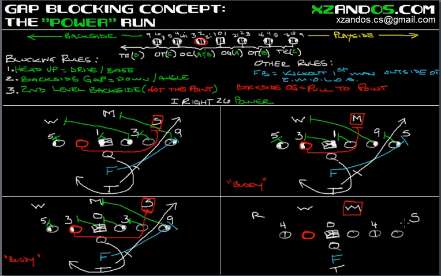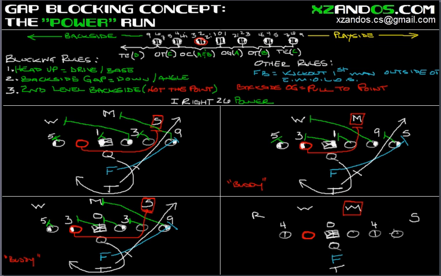Some people would count the Sam as the point because in a traditional 34 defense, Sam is kind of off the line. You know, if you're running power against this, there's no reason why you shouldn't get 5 yards a pop. But you know, you might want to play games in a 34. You can make the Sam the point, but in this scenario, I'm going to make Mike the point, and we're going to go through our blocking rules.